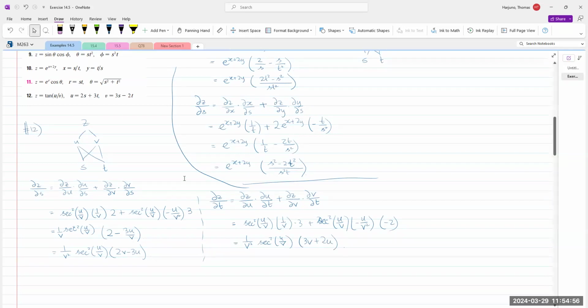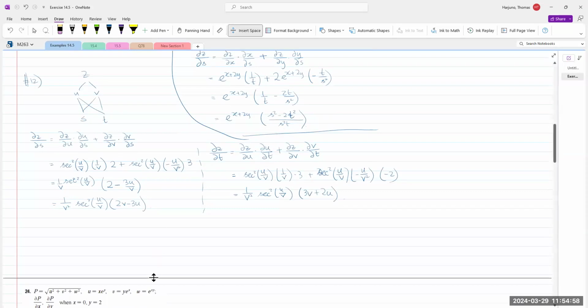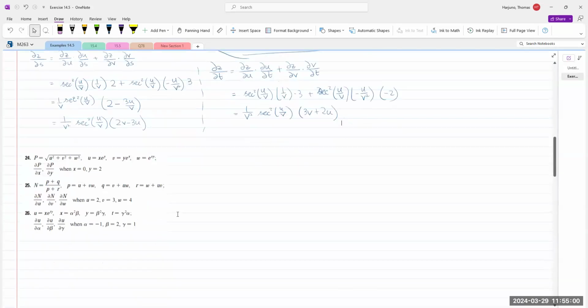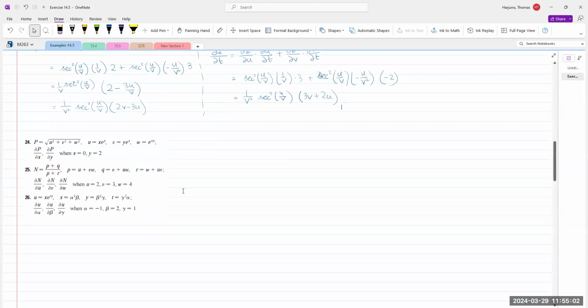Let's go on. Here we have a larger one. Okay, let's do number 24. So we have that function p as a function of u, v, w, and each of them functions of x and y.